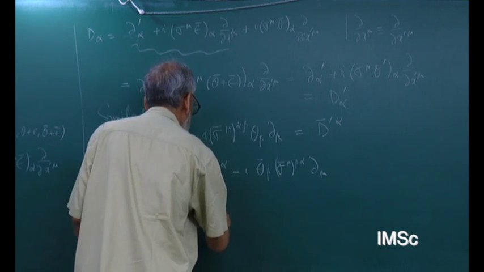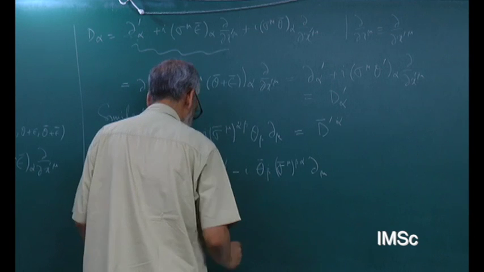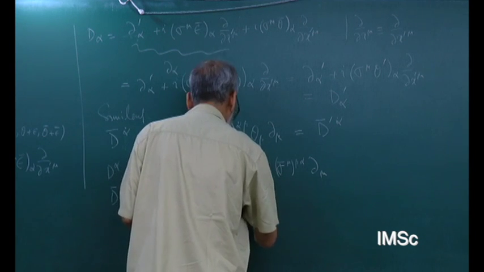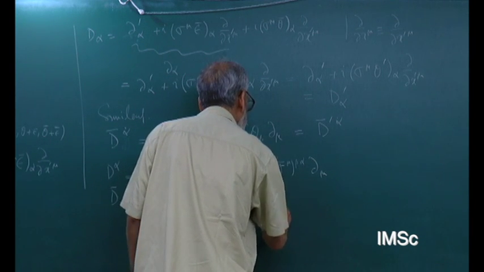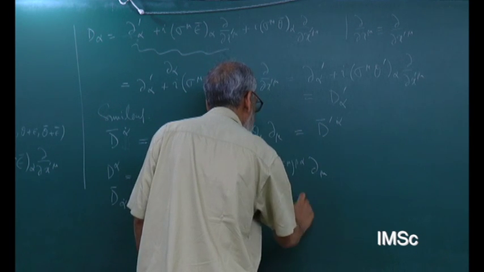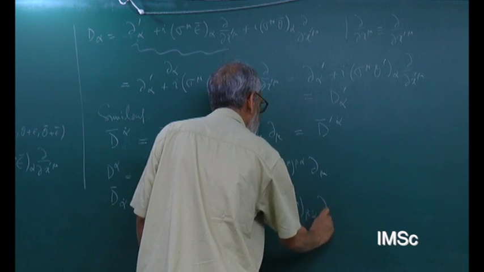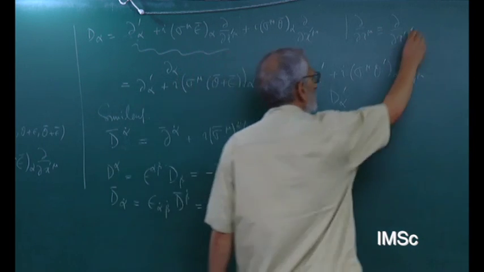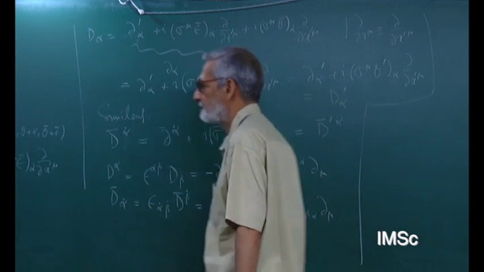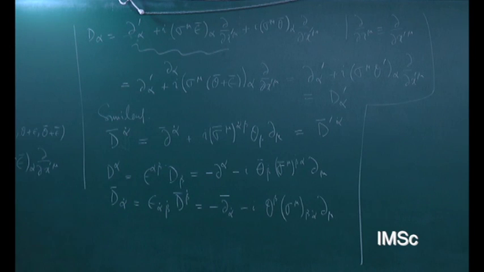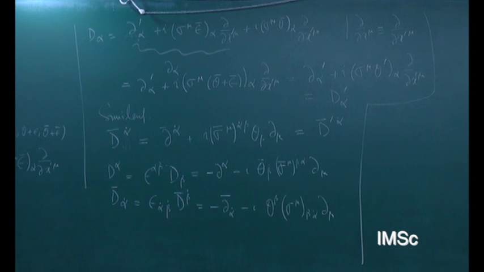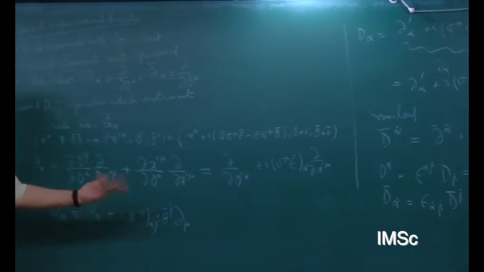And the answer is minus d alpha dot bar minus I theta beta sigma mu beta alpha dot d mu. Now we have constructed these covariant derivatives and we also know their expressions with index ups and downs.